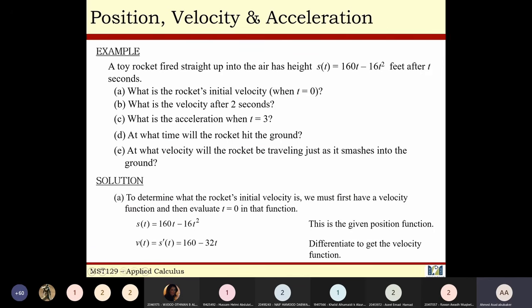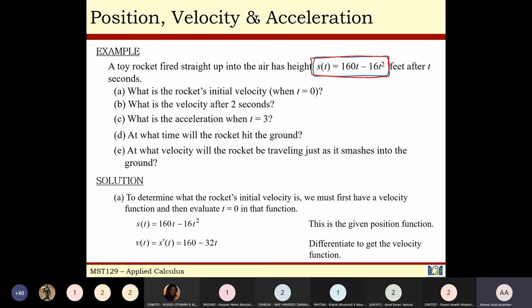Look at this example. A toy rocket fired straight up into the air has height given by this function after t seconds.